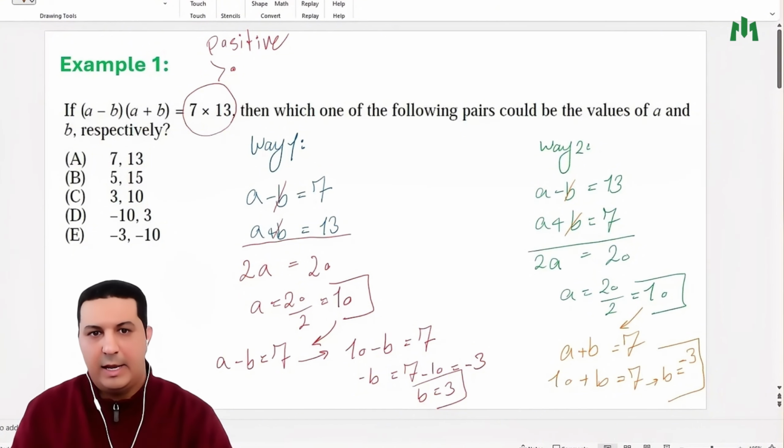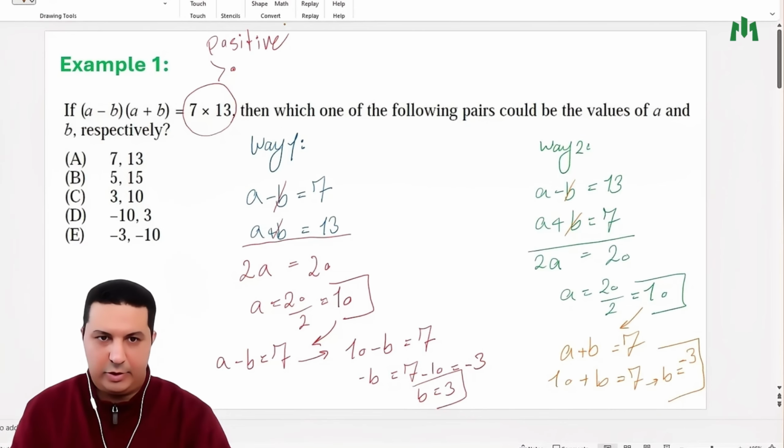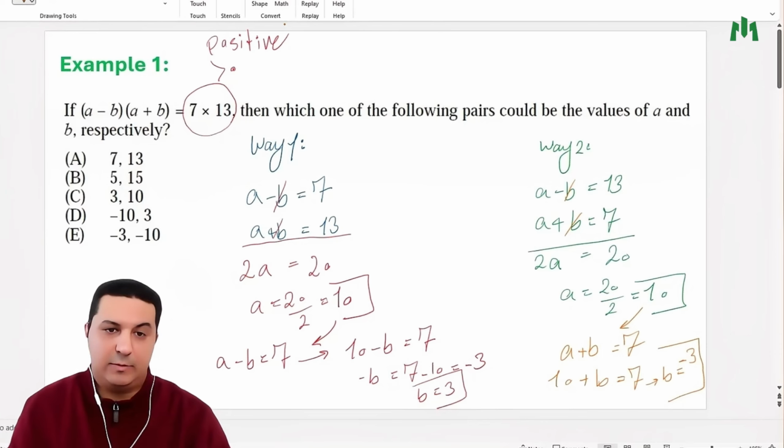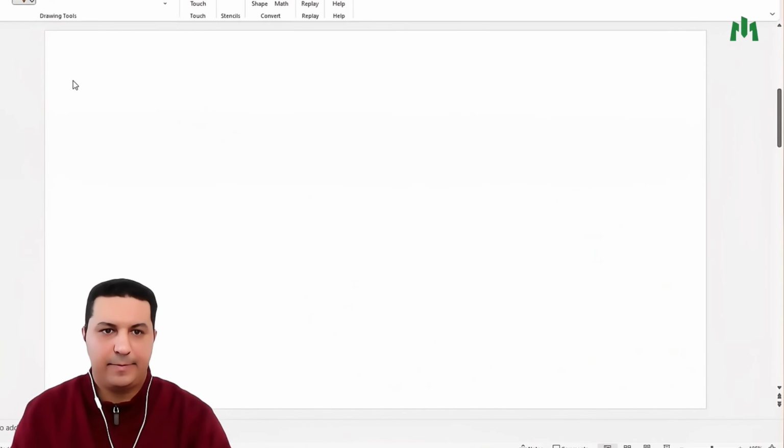What is way 3? As I told you, 7 multiplied by 13 is a positive integer. So we are going to put these numbers inside the equation to see what the real answer is.